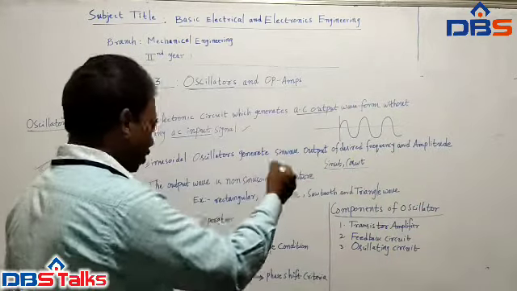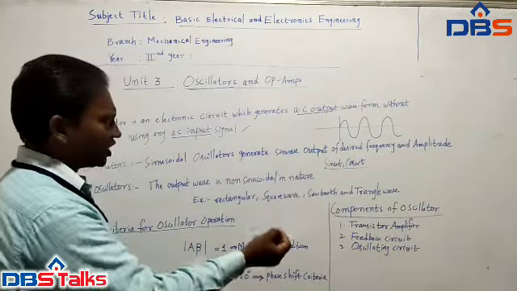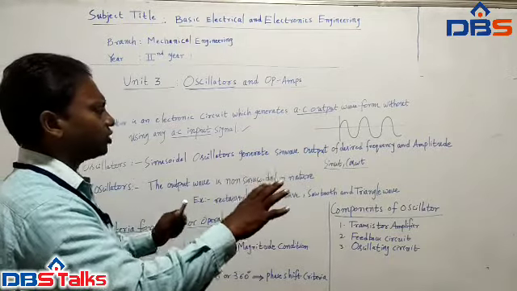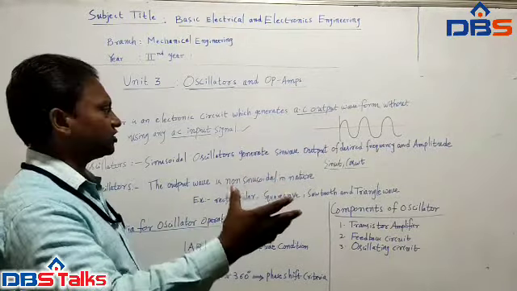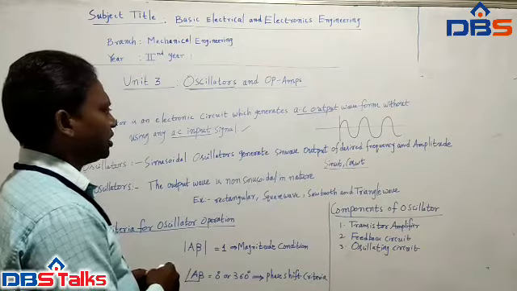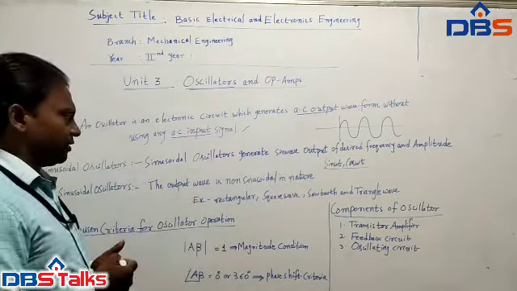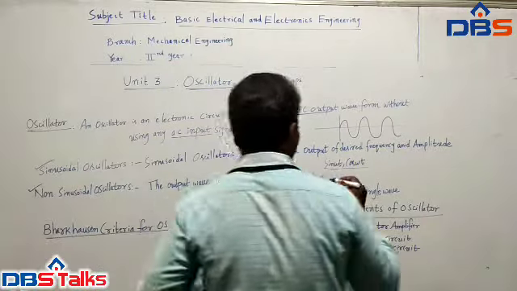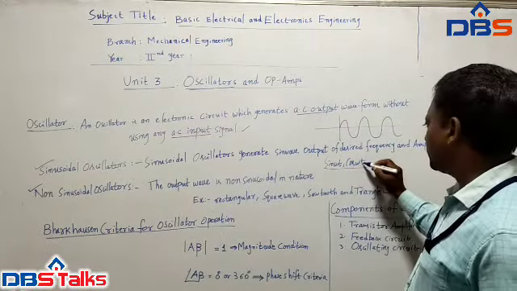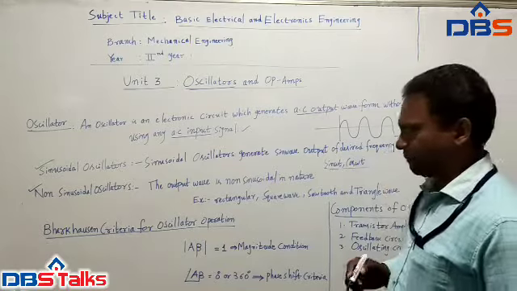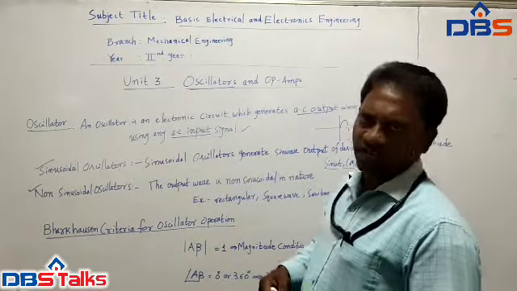So if you have some oscillator circuit that is producing sinusoidal output, sinusoidal oscillations, then we say that it is a sinusoidal oscillator. Examples of sinusoidal waveforms: sin omega t, cos omega t. And non-sinusoidal oscillators are also there.